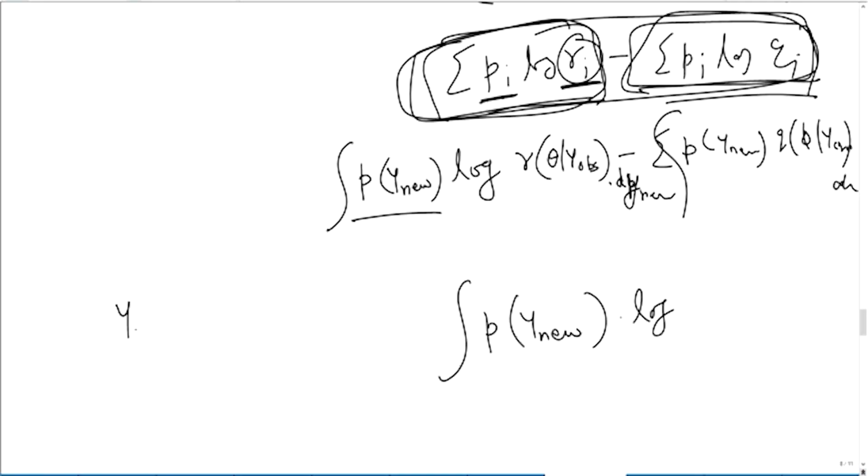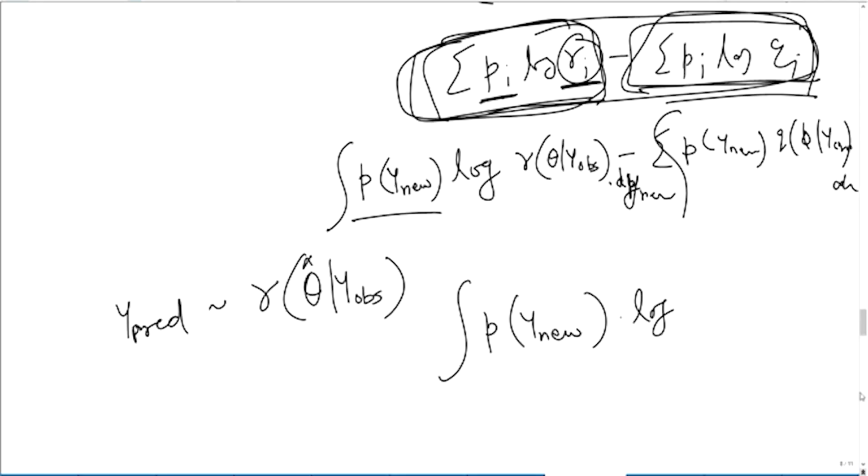Let's say this is some prediction y pred. It is generated from your likelihood function. Let's say your likelihood function is r. So it is generated from your likelihood function r of theta hat, where theta hat is estimated based on your already observed data, basically your training data.